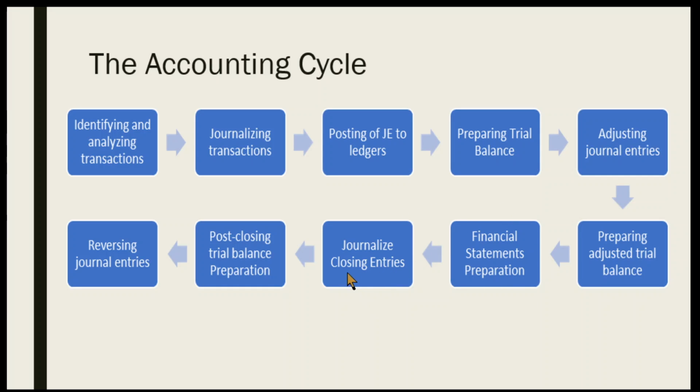And of course, we need to close the entries, wherein what is left in the trial balance are the real accounts, and that's the time we can prepare the post-closing trial balance. At the beginning of the next accounting period, we will journalize our reversing entries, but you know this one is optional.